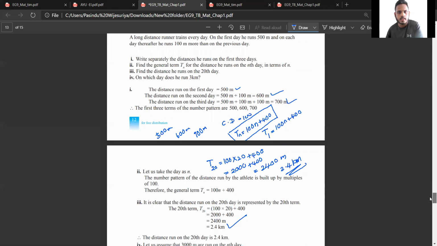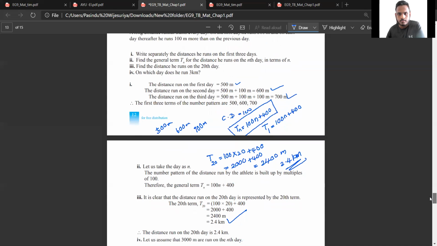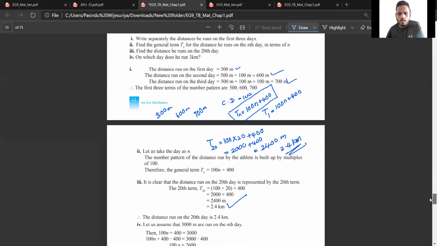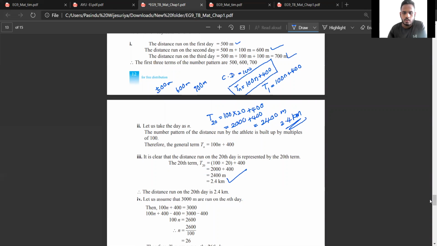Then, on which day does he run 3 kilometers? For that, 3 km equals 3000 meters. So we have to use the equation Tn equals 100n plus 400. We put 3000 equals 100n plus 400.